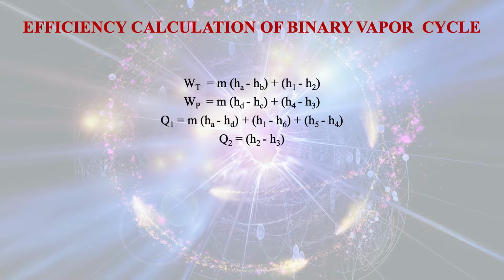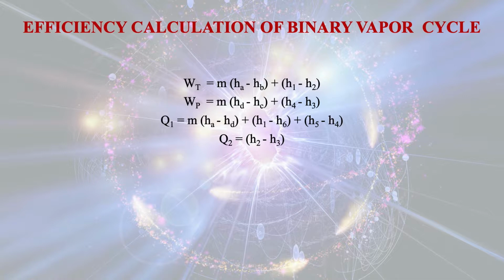So the net work done by both the turbines is WT equal to m multiplied by (HA minus HB) plus (H1 minus H2), and the work done by the pumps is equal to m multiplied by (HD minus HC) plus (H4 minus H3).